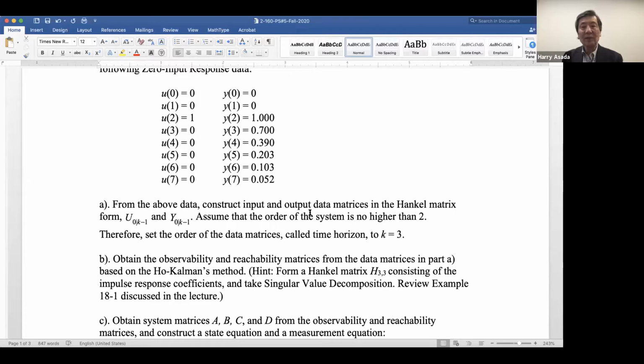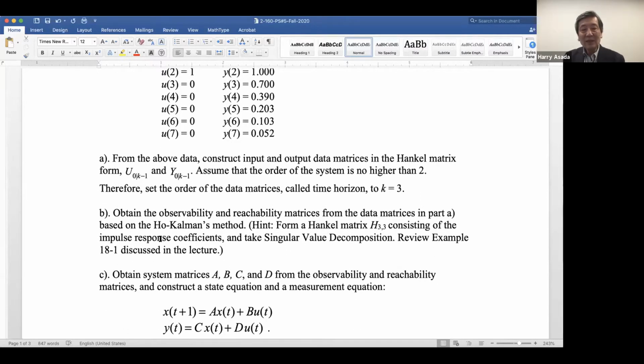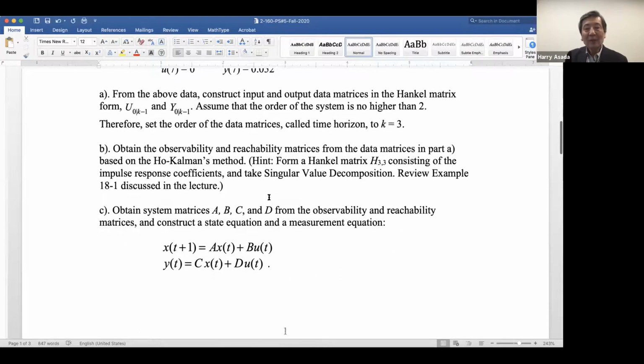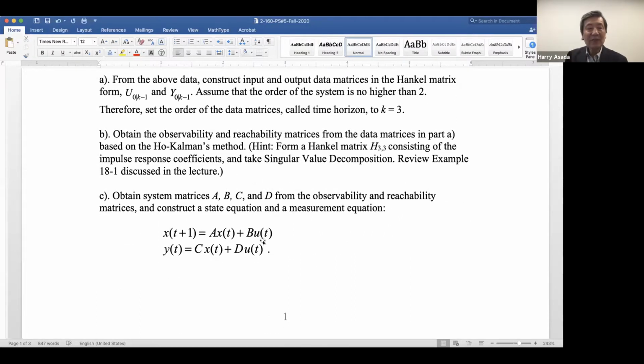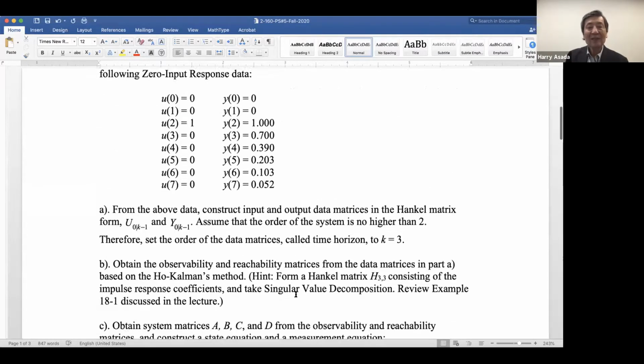Okay, so here's the data, and you can compute the ABCD matrix. Please look at the slide deck, the first lecture on the subspace method, and there's an important example 18-1, so please look at that one. At the end you can get the ABCD from this input and output data.